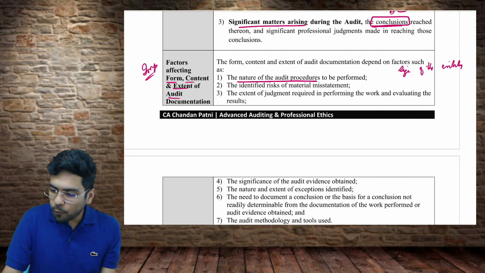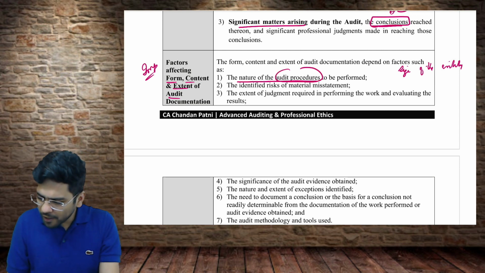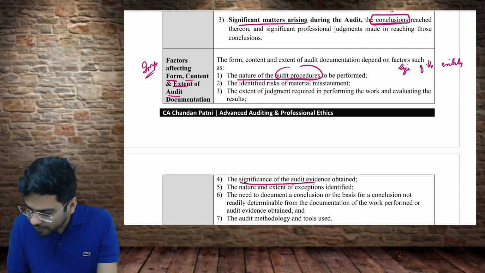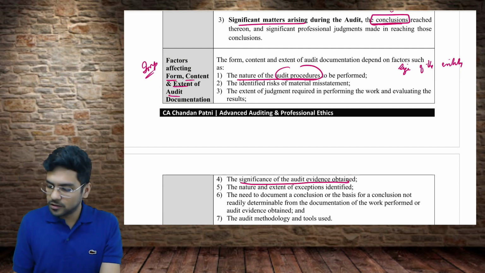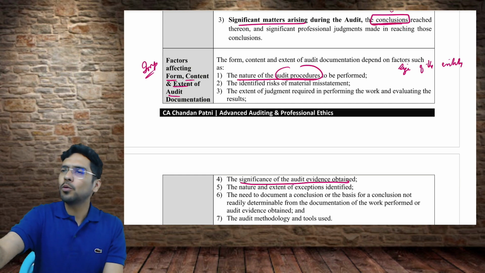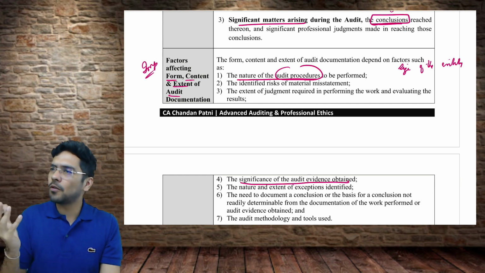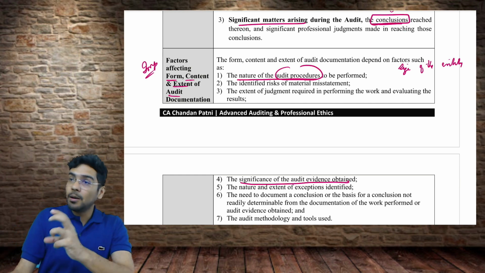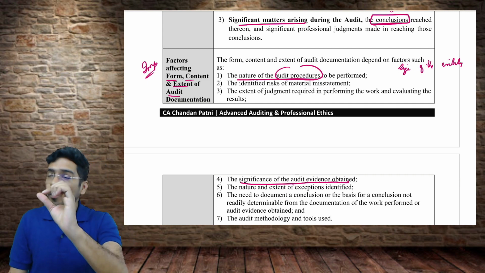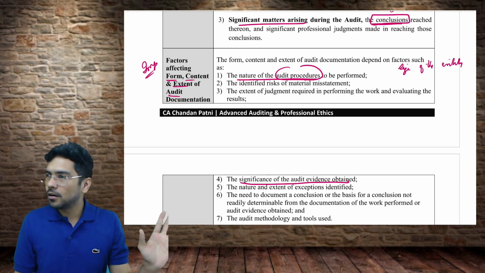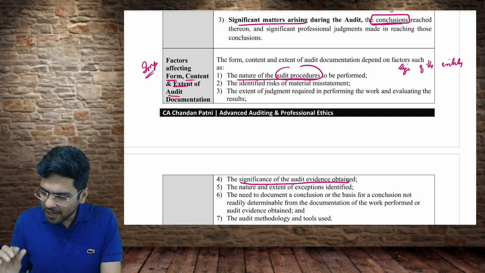So see the point, the procedures applied. Then we had the significance of audit evidence obtained. I told you for purchase vouchers, only noting the voucher numbers is sufficient, but if it is an important document from the High Court, probably you'll keep a copy of the entire order.